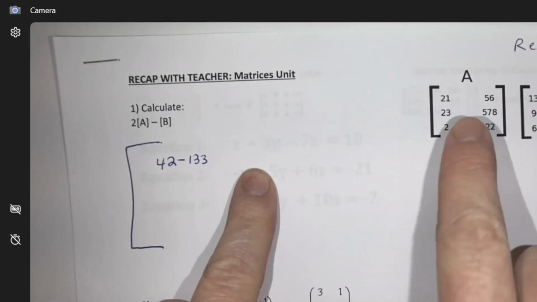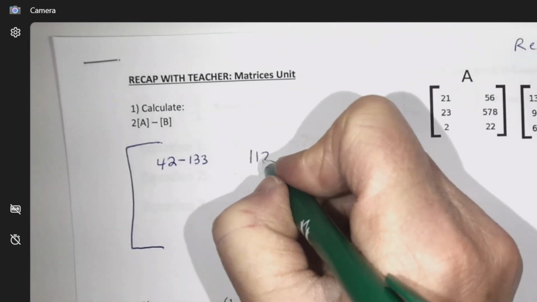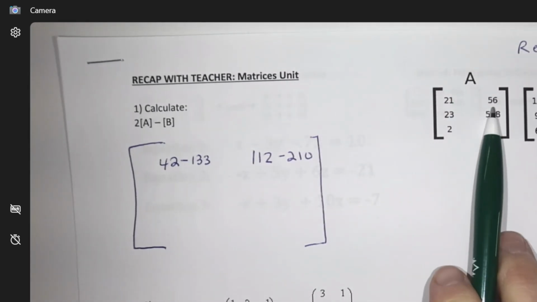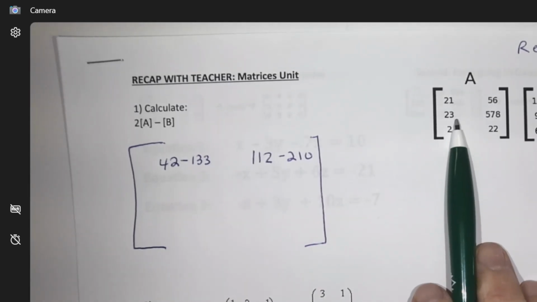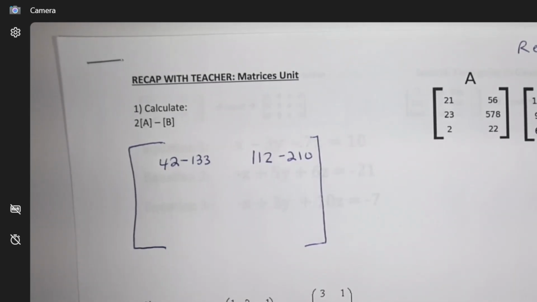Okay, so this one would be 2 times 56. So 112 minus 210. 112 doubled minus 210. Okay, keep going in that pattern, and then we can check that our answers are the same.